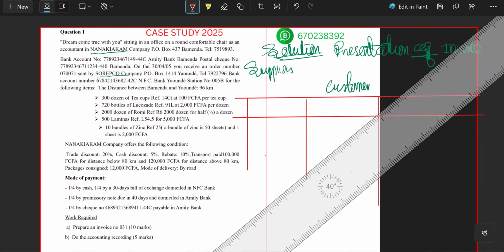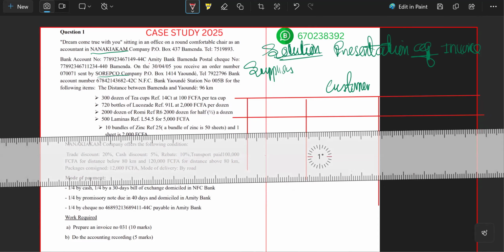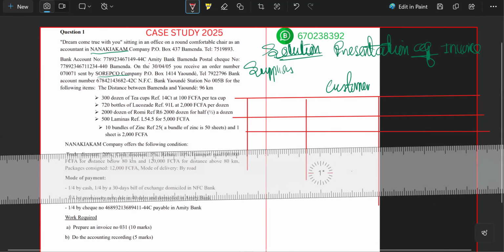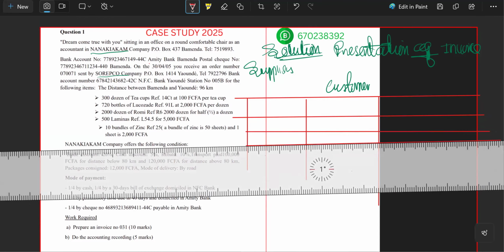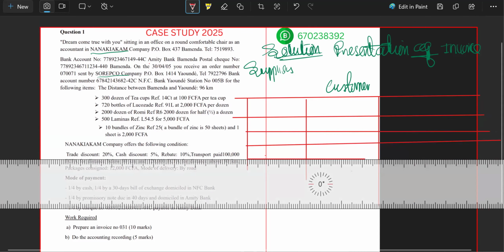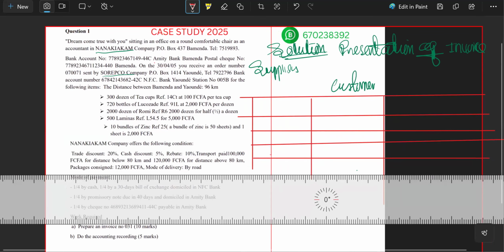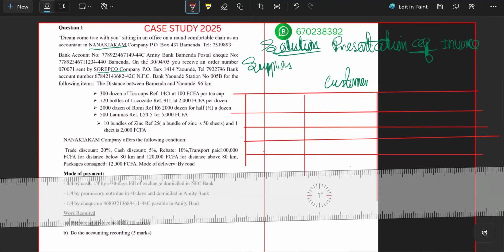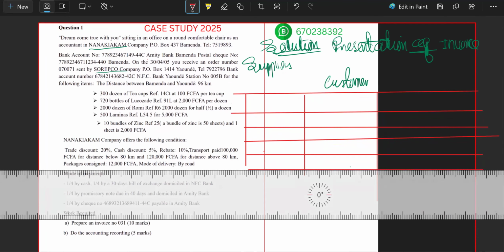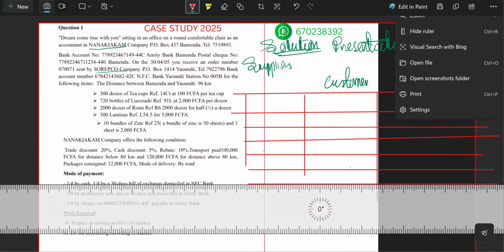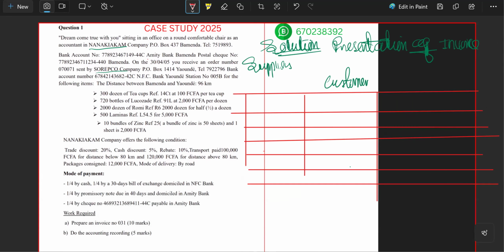After amount, we have 5 items. We have the first one, the second item, the third item, the fourth item, and the fifth item.